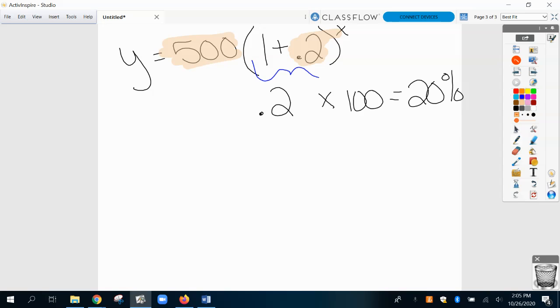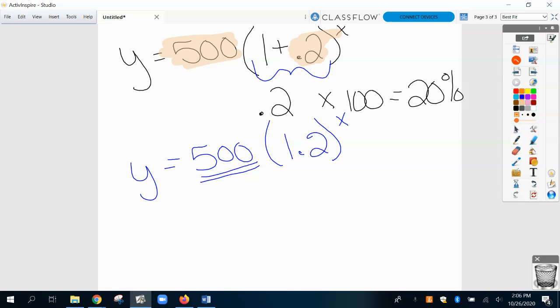But if we look here, right, we can really take 1 plus 0.2. And so we can really have this as y equals 500 times 1.2 to the x. And so what we would have to recognize, right, a is no different. A is still this 500 sitting over here.